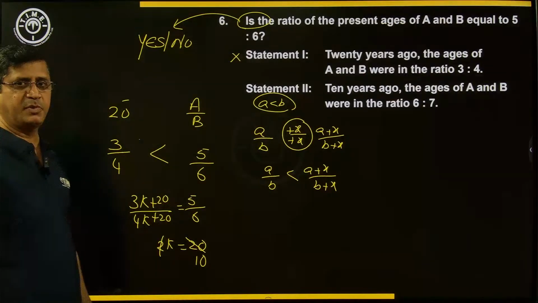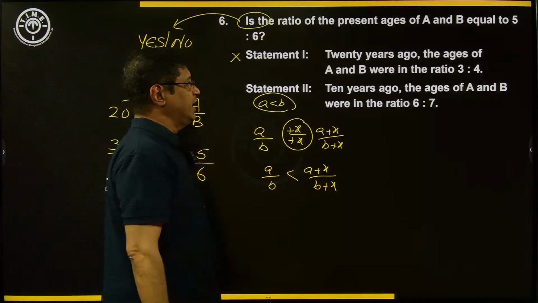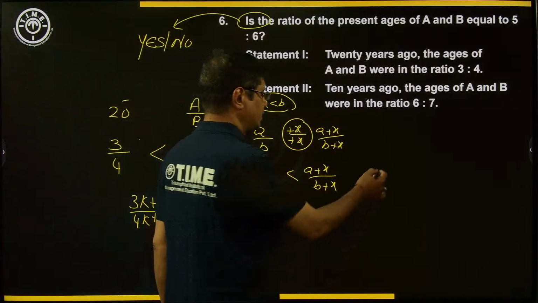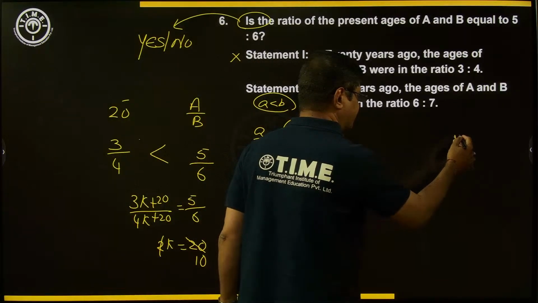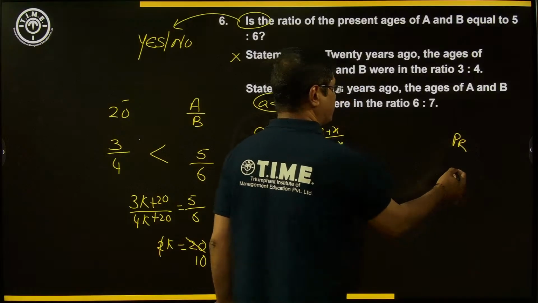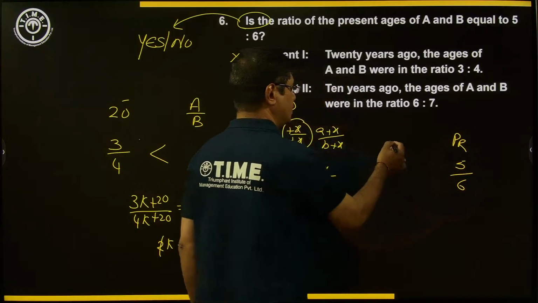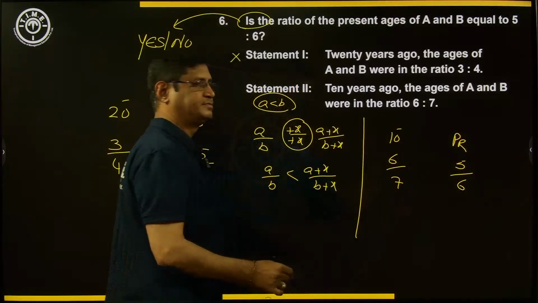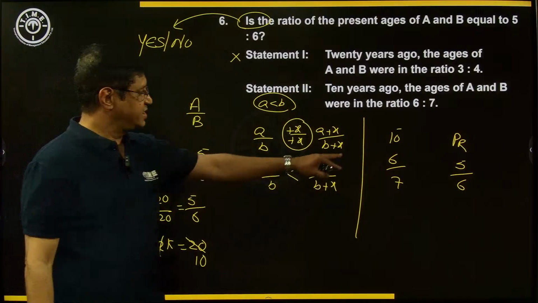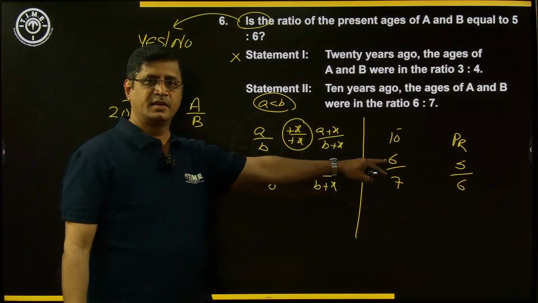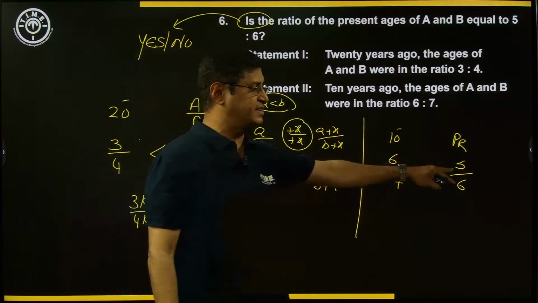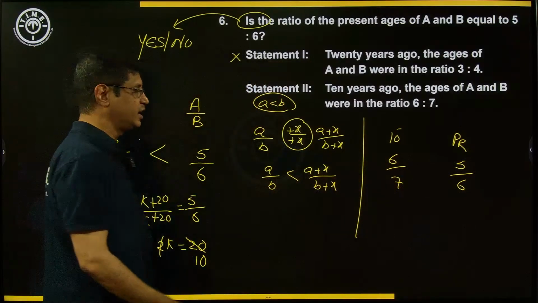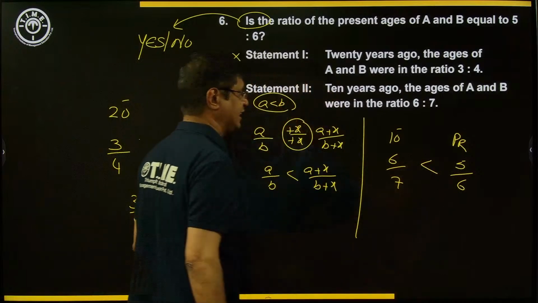Now look at the second statement. 10 years ago, the ages of A and B were in the ratio 6:7. What is the present ratio? 5:6 means 5 by 6. 10 years ago, just look at 6 by 7. 6 by 7, antecedent is less than the consequent. 5 by 6, antecedent is less than the consequent. It should follow lesser inequality, but here it is not satisfying the lesser inequality.